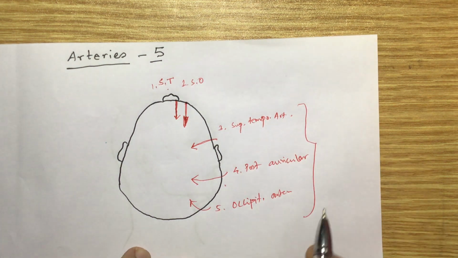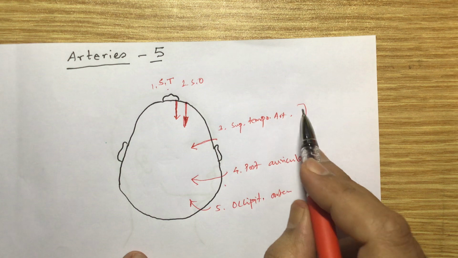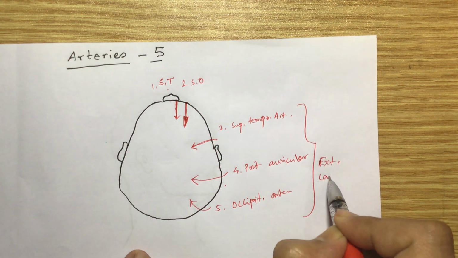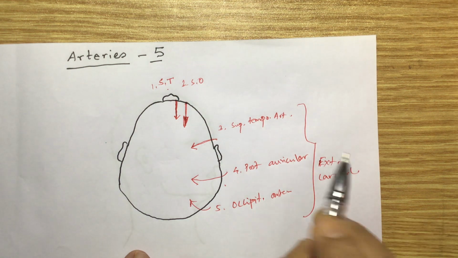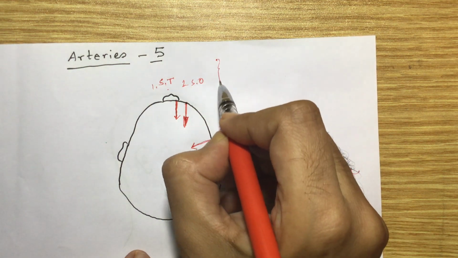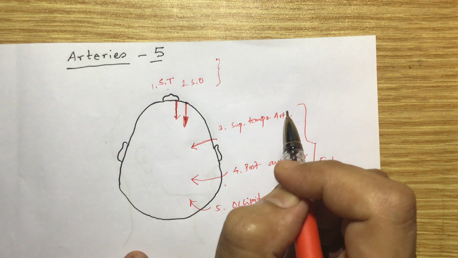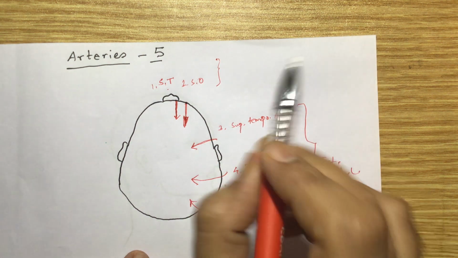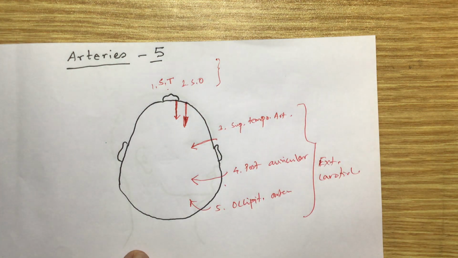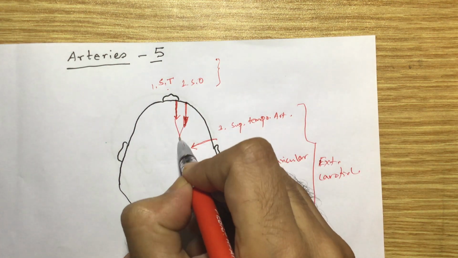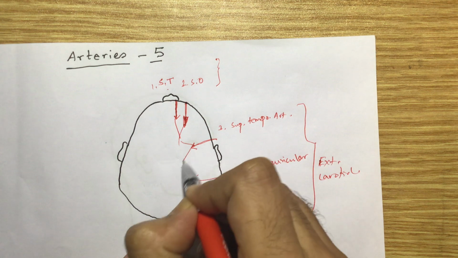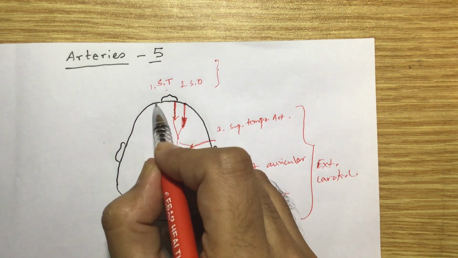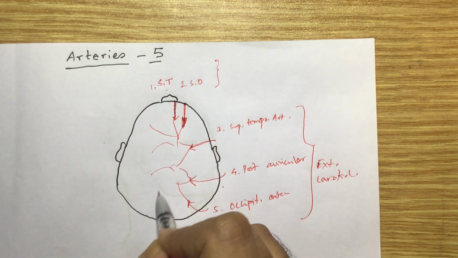These 3 arteries are the branches from the external carotid, and these 2 are branches of the ophthalmic artery from the internal carotid. So here they anastomose with each other. So extensive anastomosis is here and from the opposite side also.